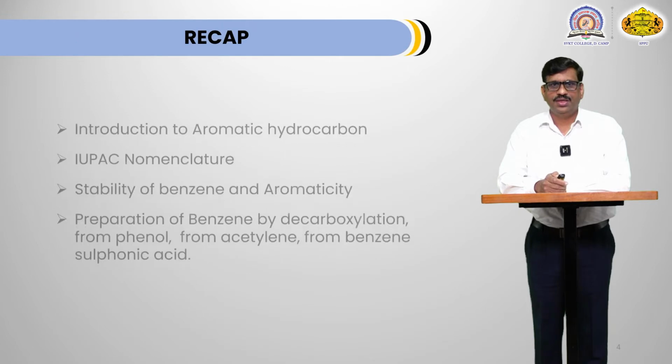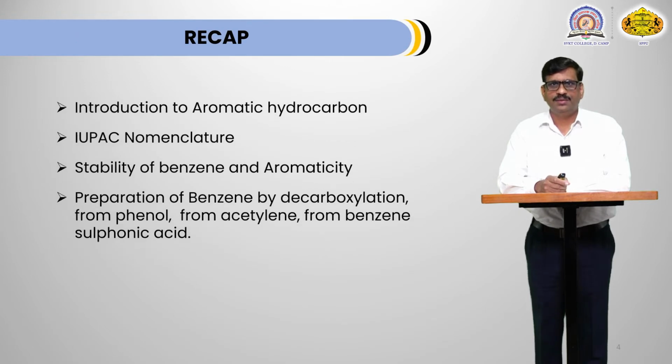Student, during last lecture, we have started aromatic hydrocarbon chapter. In that, we have seen introduction to aromatic hydrocarbon. We have seen different nomenclature methods, that is IUPAC nomenclature and common names for aromatic hydrocarbon.